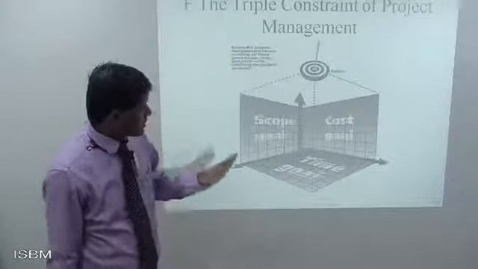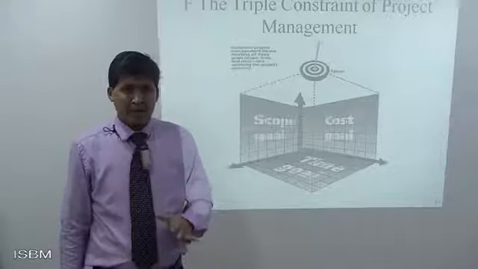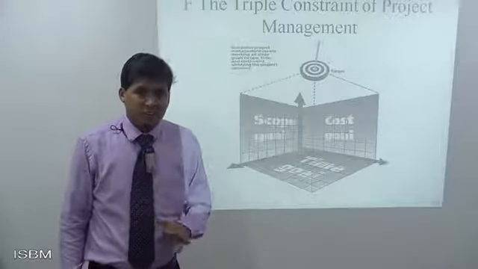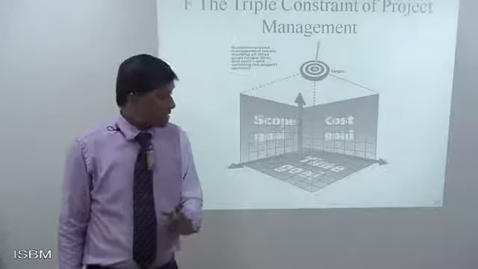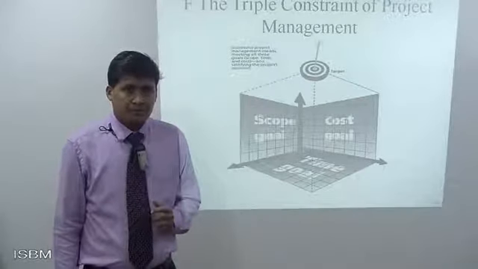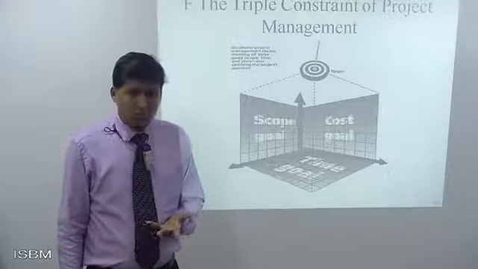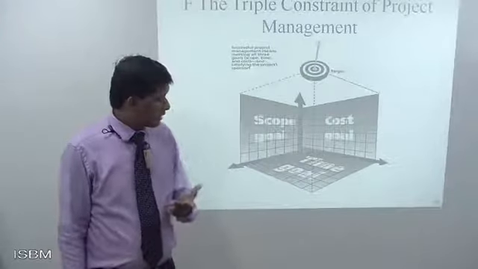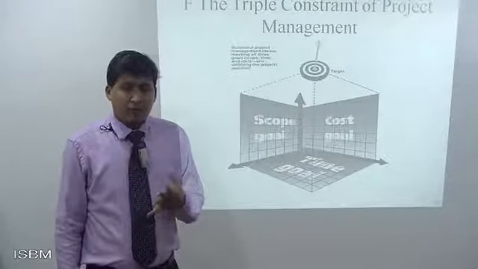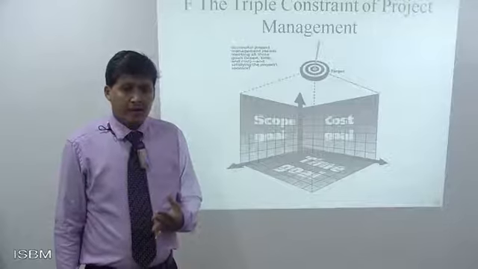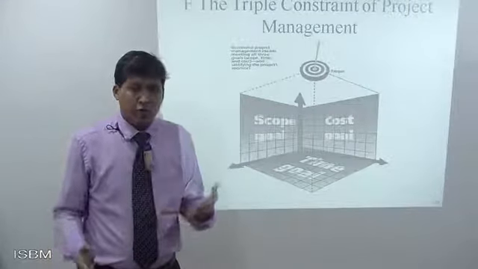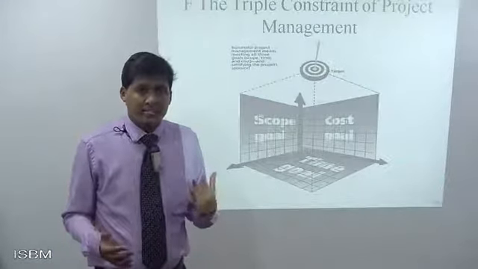So constraints are a combination which are three-dimensional and related to each other, in terms of scope goals, the cost goals and the time goals. And a project manager should be right upfront, which should be part of the plan as well, addressing this as well.